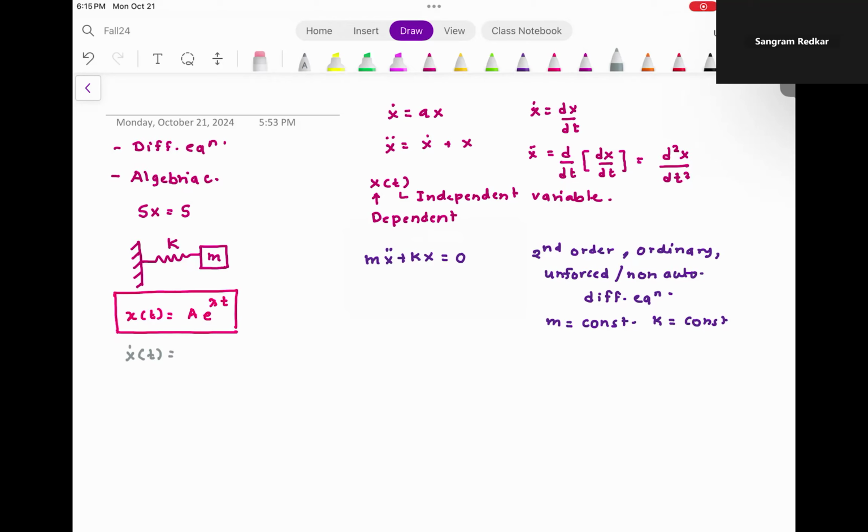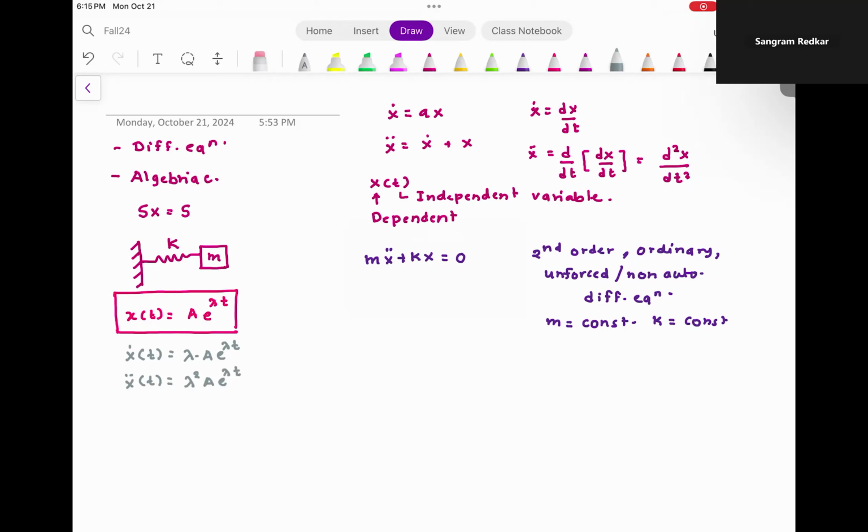The derivative of e to the lambda t gives lambda a e to the lambda t. Do you agree with me? x double dot of t is equal to, now I'm going to get lambda square a e to the lambda t. Do you agree with me?